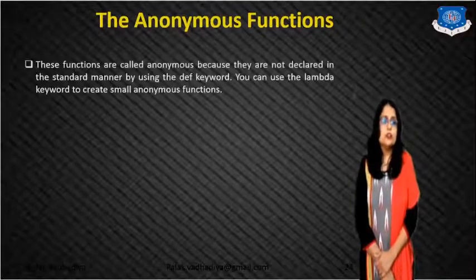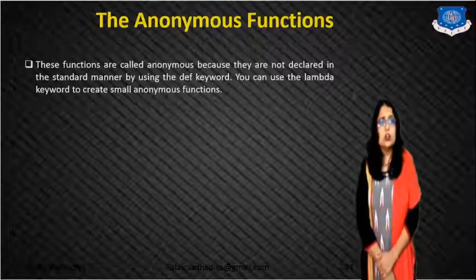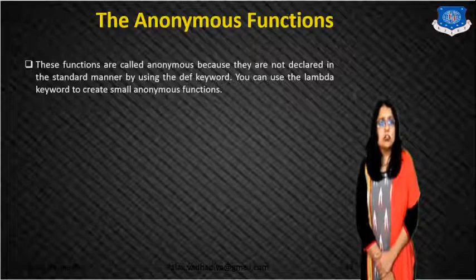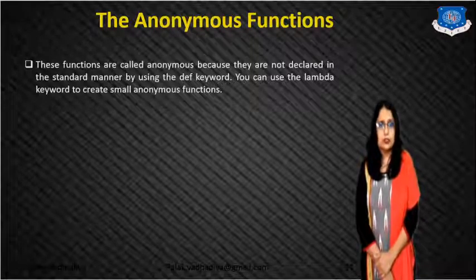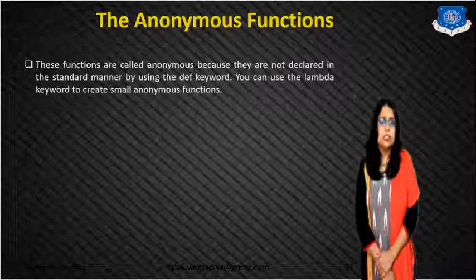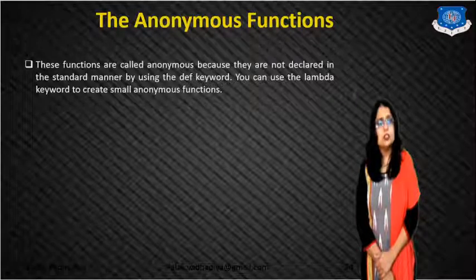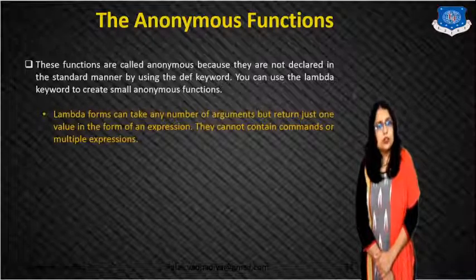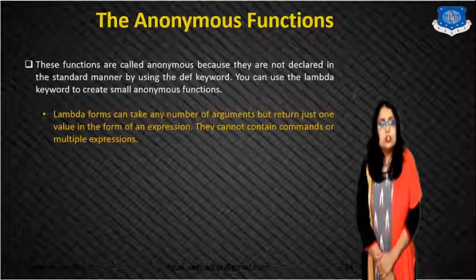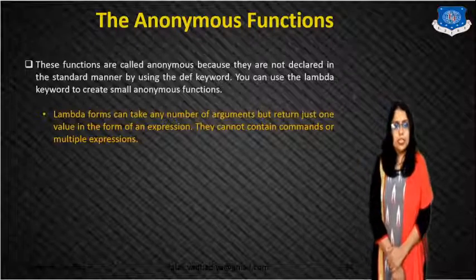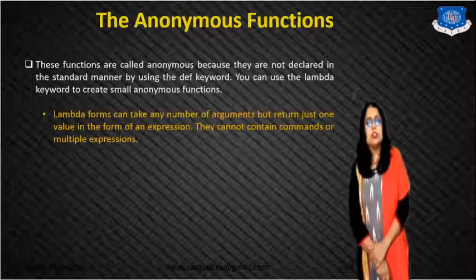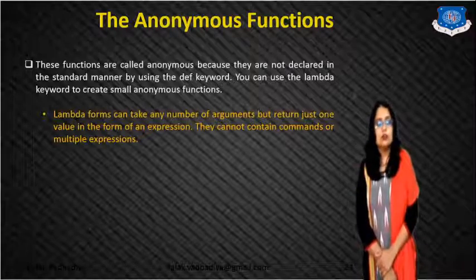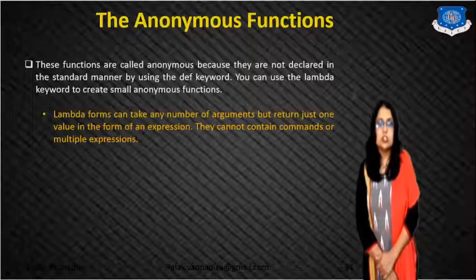Then anonymous functions. These functions are called anonymous because they are not declared in the standard manner. We are not using the def keyword; here we use the lambda keyword to define the function. Lambda forms can take any number of arguments but return just one value in the form of an expression.